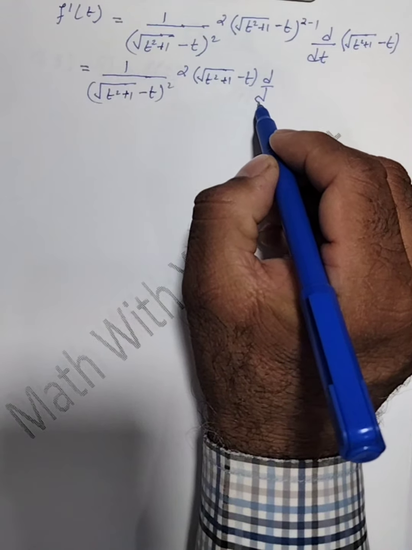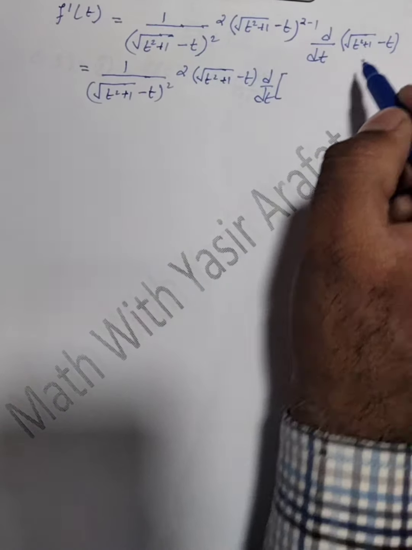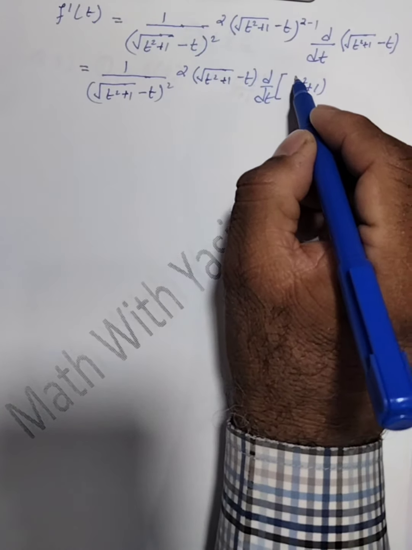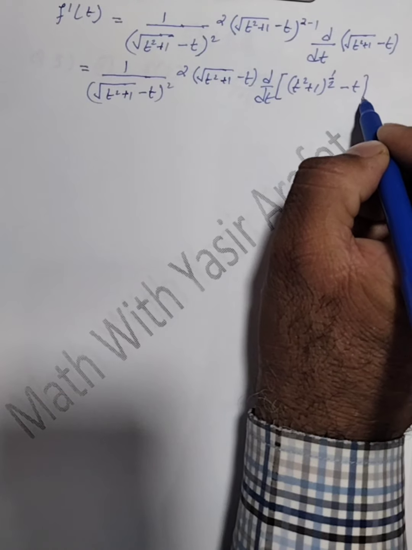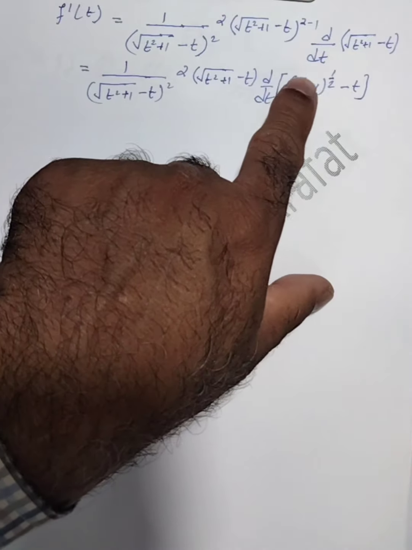So here we have to find the derivative of this expression: t square plus 1 to the power 1 over 2, minus t. First we have to find the derivative here.